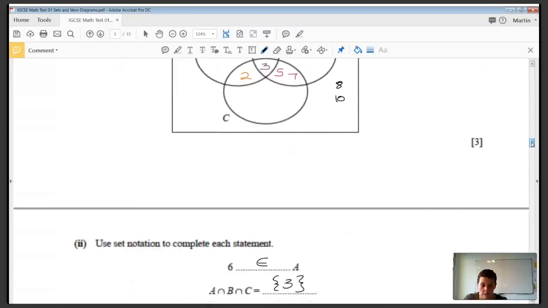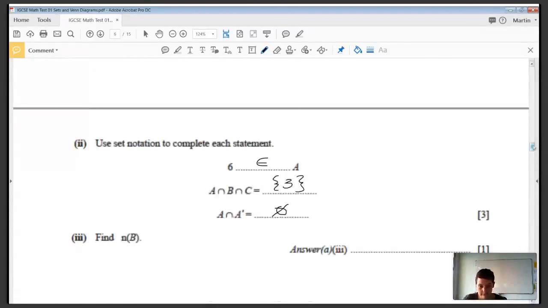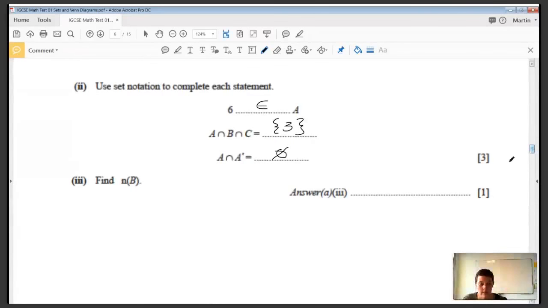So that means that we are left with the empty set. There's nothing there that falls in A and the complement of A, because it either is in A or not in A. The last piece of this one asks us to find n of B.